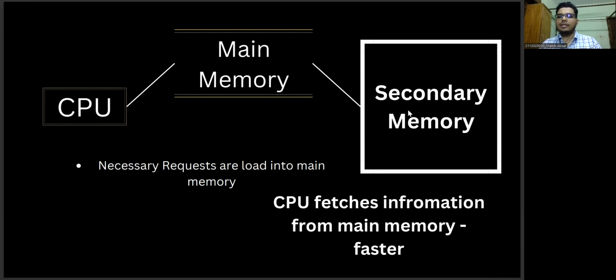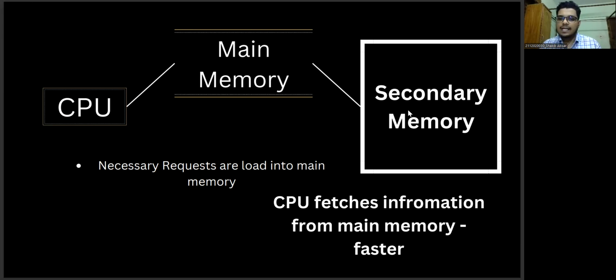CPU, main memory, and secondary memory. The necessary data is first loaded into the main memory from the secondary memory or the secondary storage. Then the CPU fetches or gives requests to the main memory. So we can see that the CPU can get faster access through the main memory, also giving the necessary request to the memory from the secondary memory.